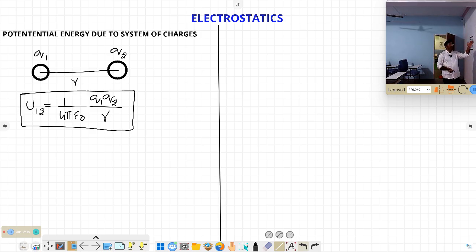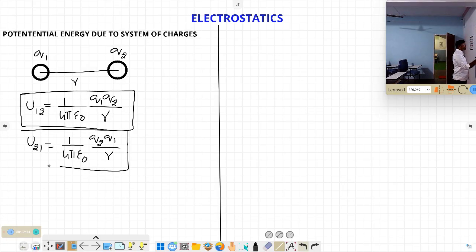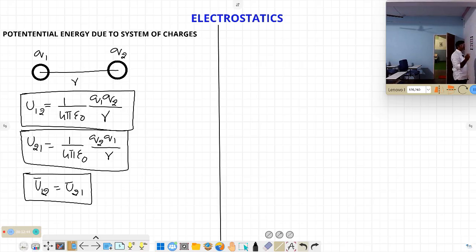If you want to calculate the energy due to second to first, you can write u21 is equal to 1 by 4 pi epsilon naught, q2 q1 by r. Whether you take q1 q2 or q2 q1, both are similar, so u12 is equal to u21. So in this case, how many combinations of the energy of the system of charges did you get? Only one. Both formulas are similar, so we got only one energy combination of the two charge system. That is important for us.